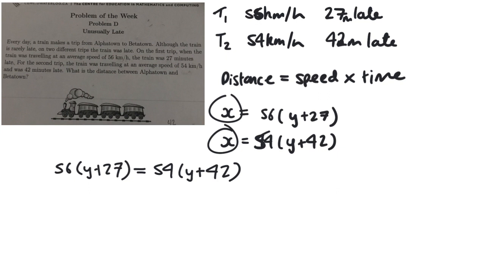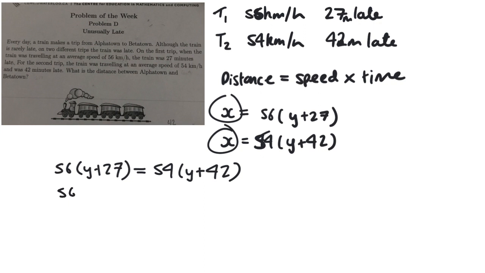For the next bit, I encourage you to get a calculator, because although for these kinds of questions you normally don't want to use one, we are going to be multiplying 54 by 42, which is kind of difficult to do. So the next thing you want to do is expand out the brackets. Again, I encourage you to see if you can solve this yourself, but I'm going to do it now.